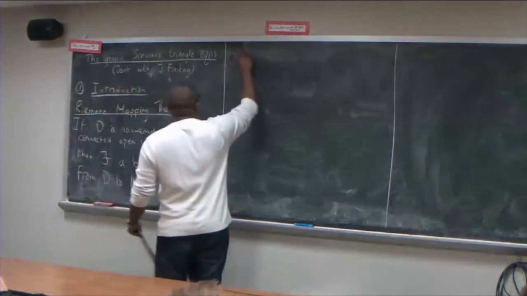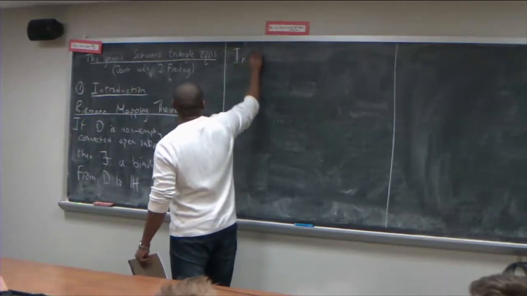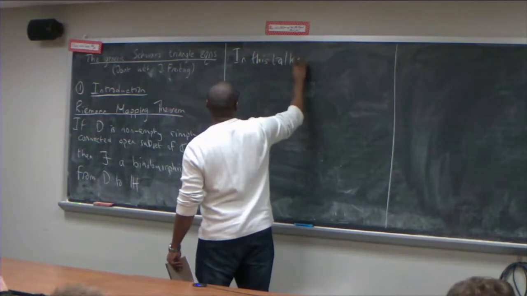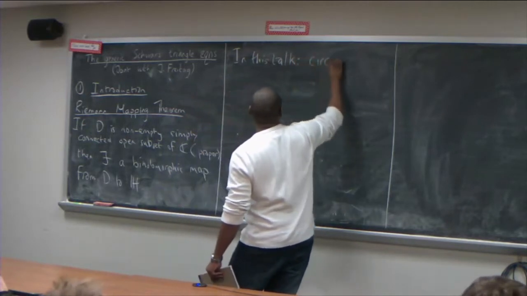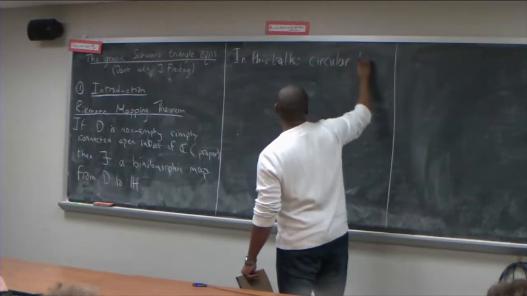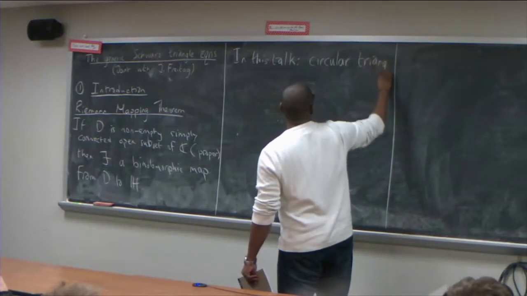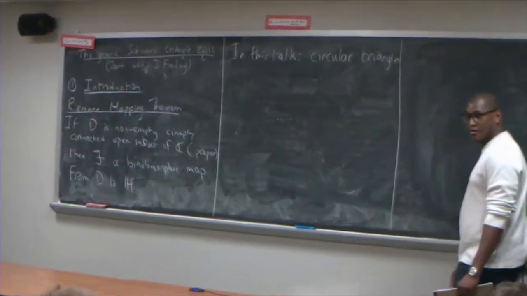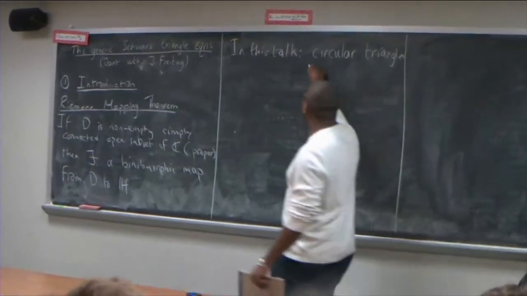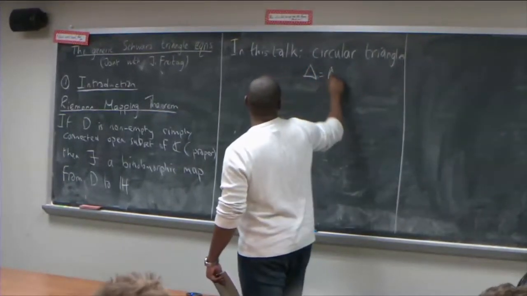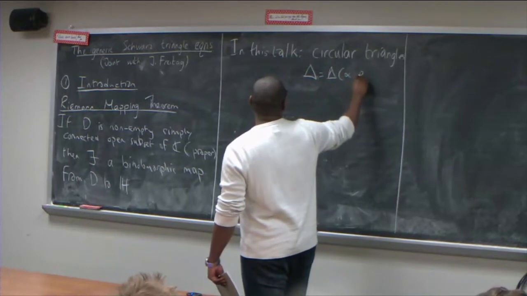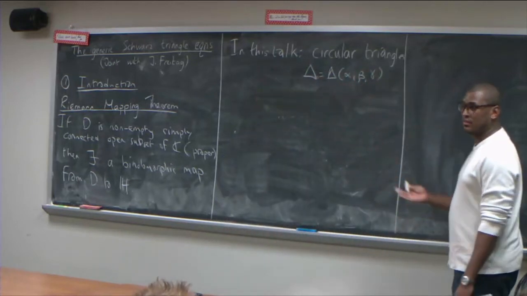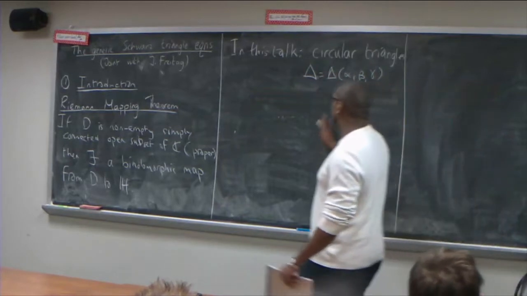So in this talk, we are interested in so-called circular triangles. These are triangles formed by circular arcs, and they come with three parameters, alpha, beta, gamma, which describe the angles of the triangle.